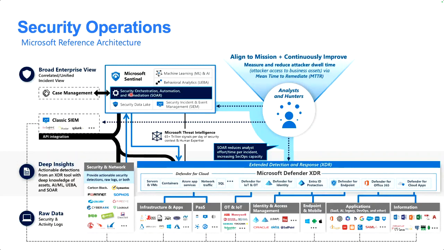You can bring already correlated events and alerts triggered by those defenders into Sentinel, and you can get enrichment of those alerts by analyzing other third-party security and network tools you have in place in your organization. That is how Sentinel, which is a cloud-native, not cloud-hosted, SIEM solution, differentiates itself from classic SIEM systems, right?